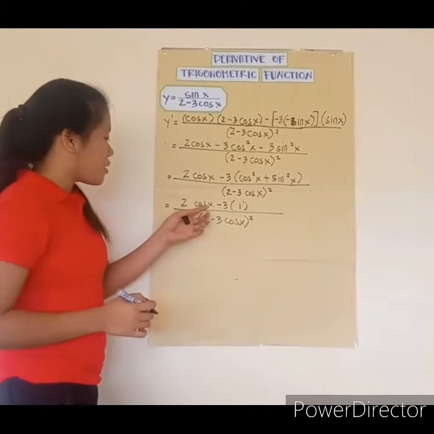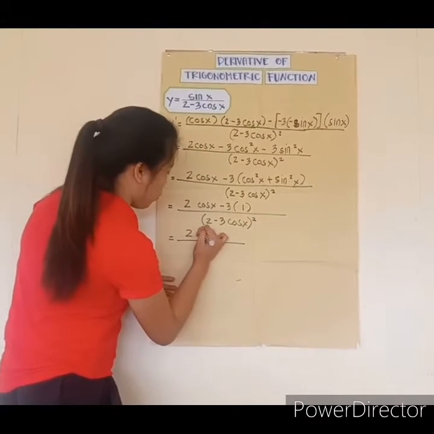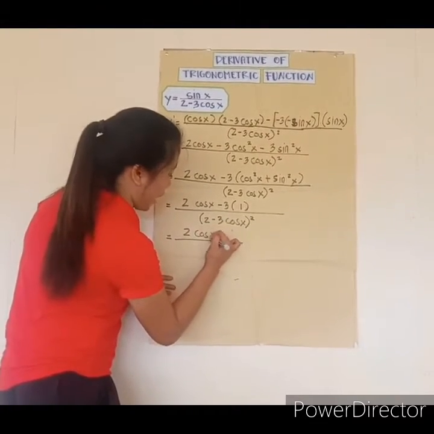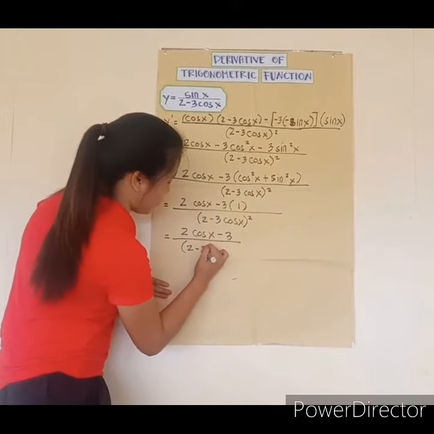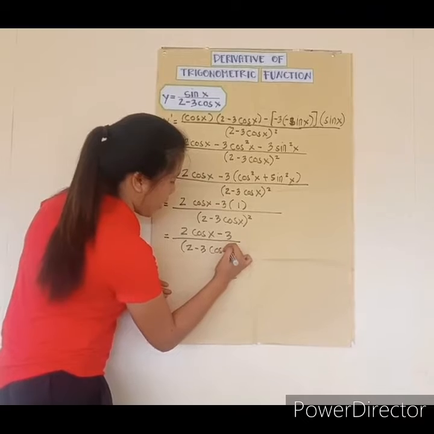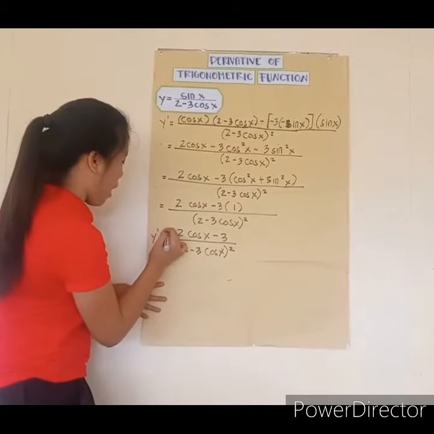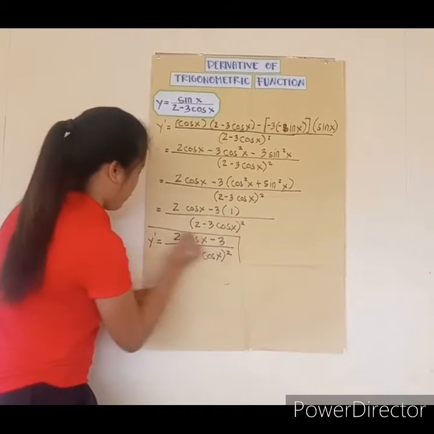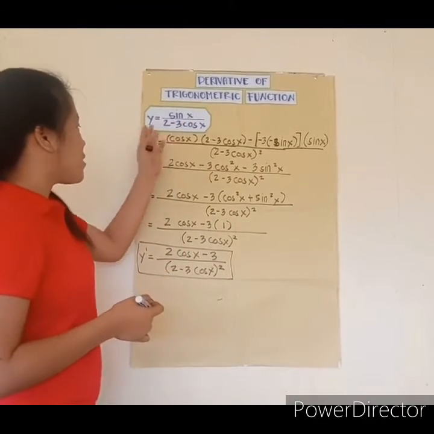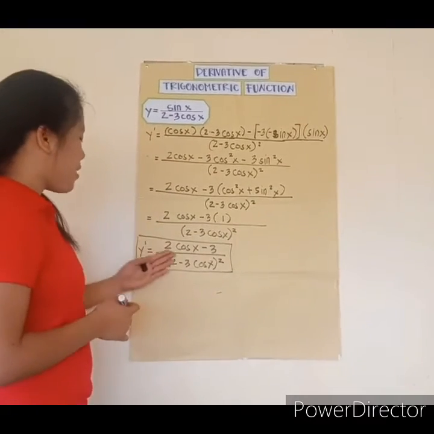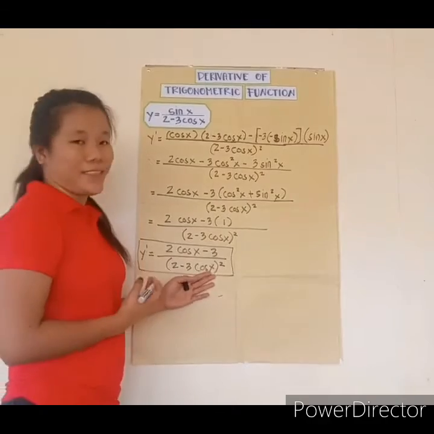Then 2 cos x minus 3 times 1 will become 2 cos x minus 3 over (2 minus 3 cos x) quantity squared. So this is our y prime, or our y derivative: the derivative of y is equal to sin x over 2 minus 3 cos x is 2 cos x minus 3 over (2 minus 3 cos x) quantity squared.